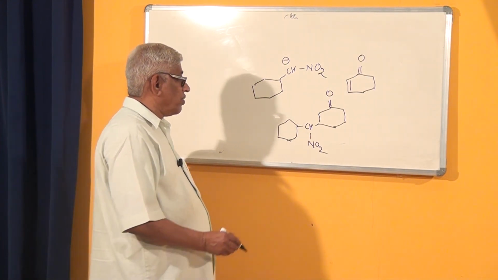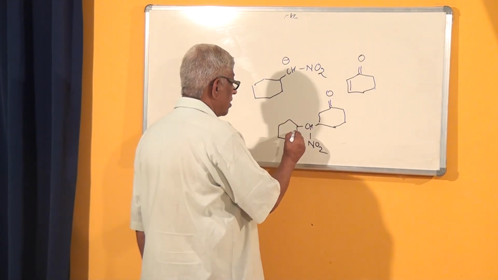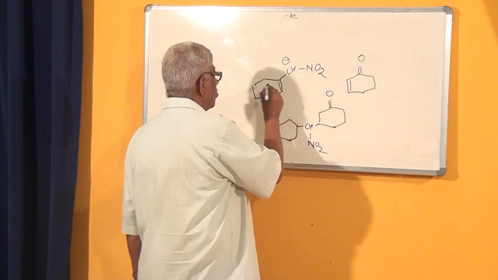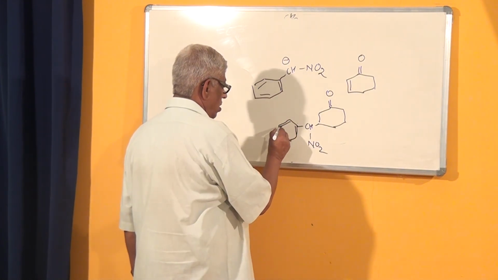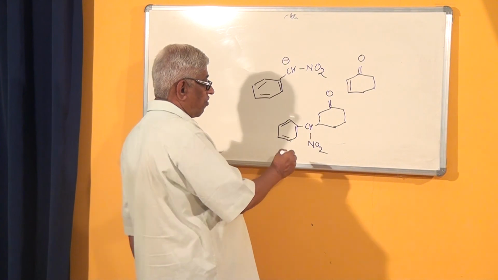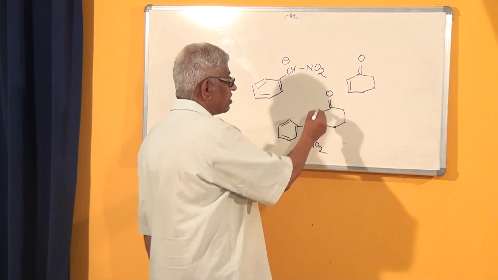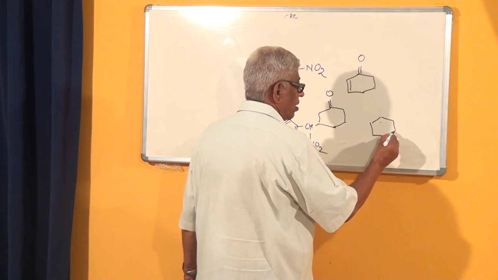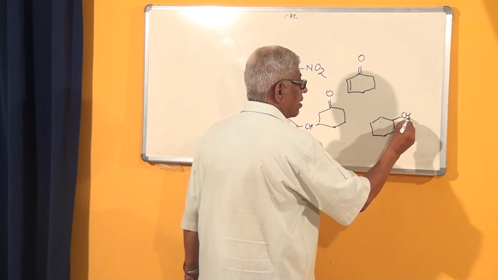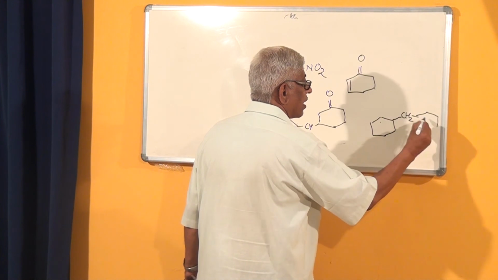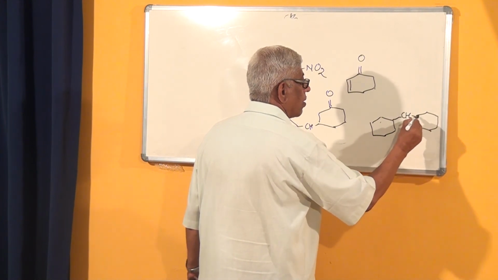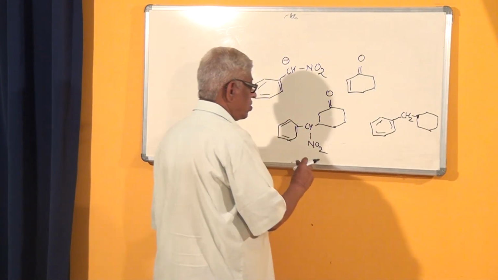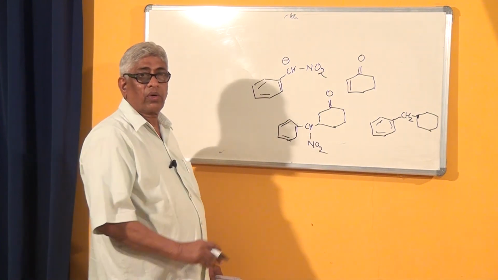Now we have built up the skeleton for this one. Of course, this should be aromatic. If I get rid of this nitro group and the CO group, I can end up with benzyl cyclohexane. The carbon skeleton is prepared and you get benzyl cyclohexane. So all that we need is to convert this.